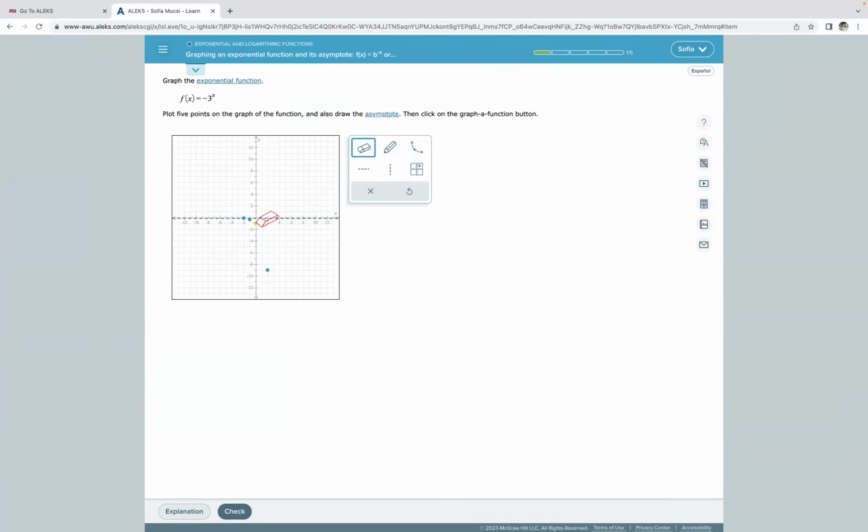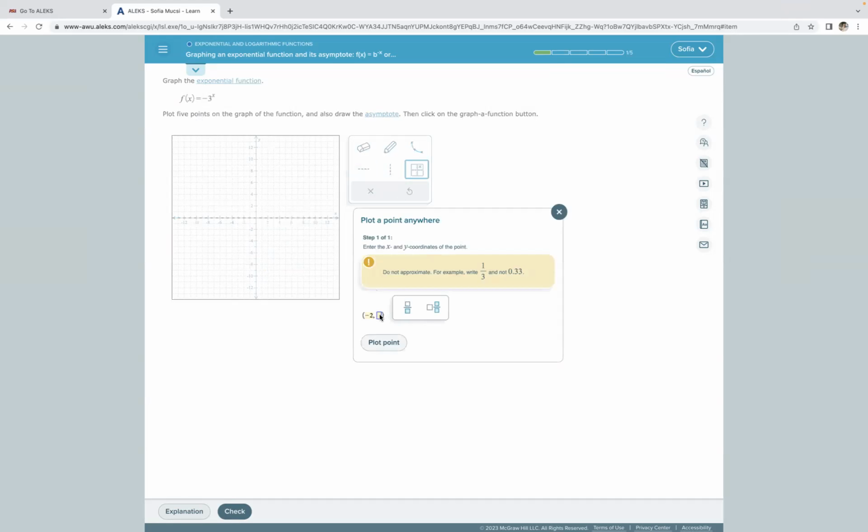Here, I'll just try again. I'll put the asymptote first, horizontal. Then we have -2, 1/9, -1 over 3, 0, 1, -1.